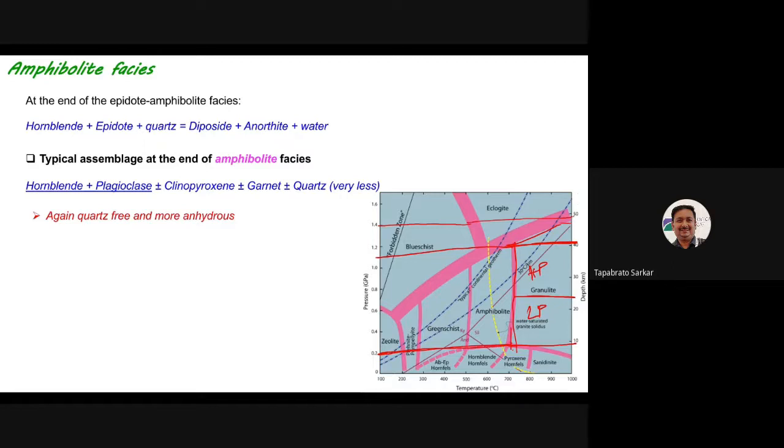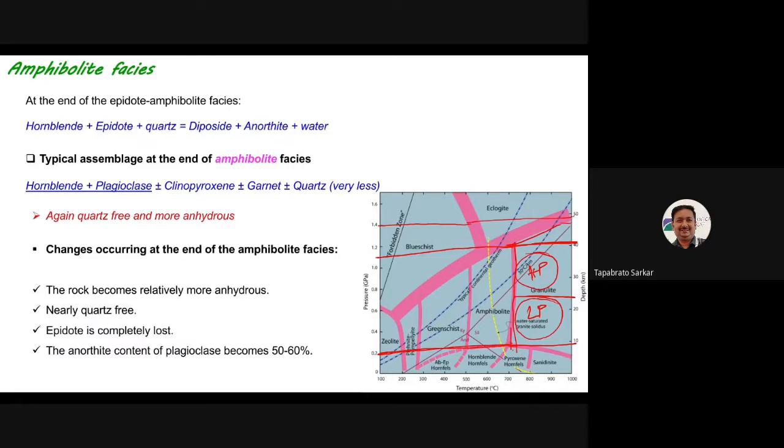But in the relatively lower pressure condition, orthopyroxene is more prevalent. If we go to relatively higher pressure, then orthopyroxene is no longer stable. It starts reacting with plagioclase to form garnet and clinopyroxene.